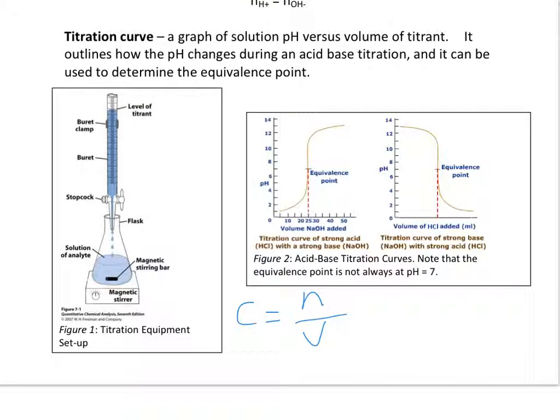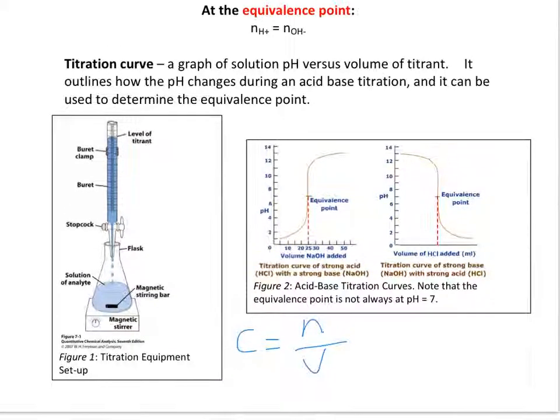As a recap, we talked about what a titration is and a little bit about how it works. The key part is this idea of the equivalence point, and that when you reach the equivalence point, the number of moles of acid and base are equal, and then we can use that information to calculate whatever it is we need to calculate by doing the titration.